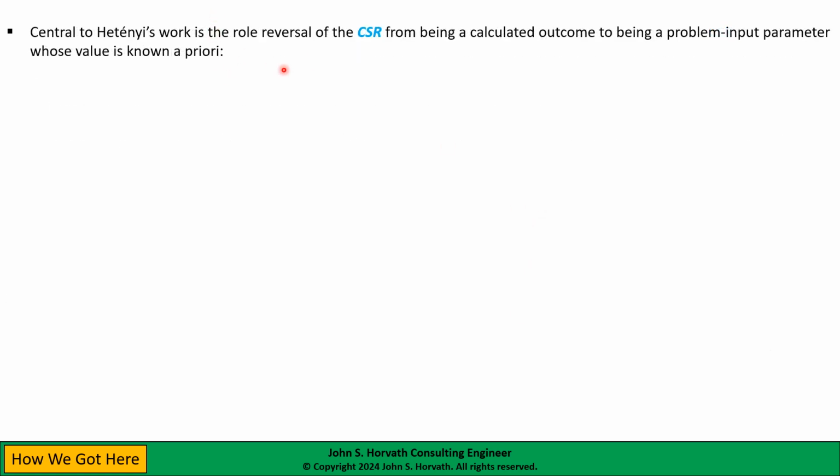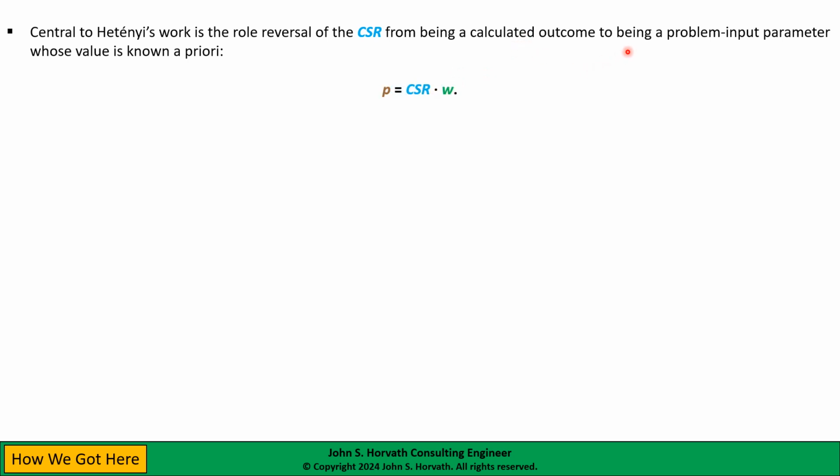Central to Hetenyi's work was the role reversal of the coefficient of subgrade reaction from being a calculated outcome to being a problem input parameter whose value is known a priori. So, as I noted previously, coefficient of subgrade reaction is a calculated parameter based on calculated problem results of subgrade reaction and settlement.